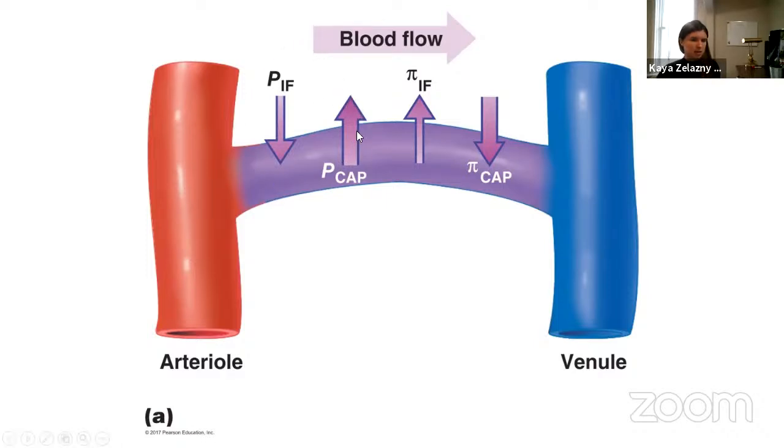So this side on the left, those are hydrostatic pressures. And then on the right, we see our osmotic pressures from the particulates in the interstitial fluid exerting a pull on water, or the proteins in the blood exerting a pull on water towards the blood. All right, so the P is a push kind of force, the pi is a pull kind of force.